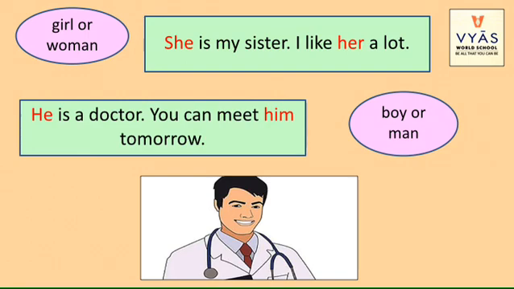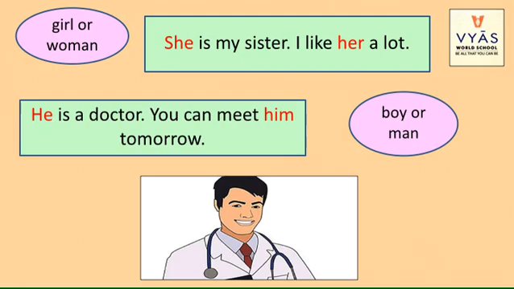Now let us see the use of some common pronouns with the help of a few sentences. With a girl or a woman, we use pronouns such as she and her. Like, she is my sister, I like her a lot. Next is with a boy. For a boy or a man, we use pronouns such as he and him.